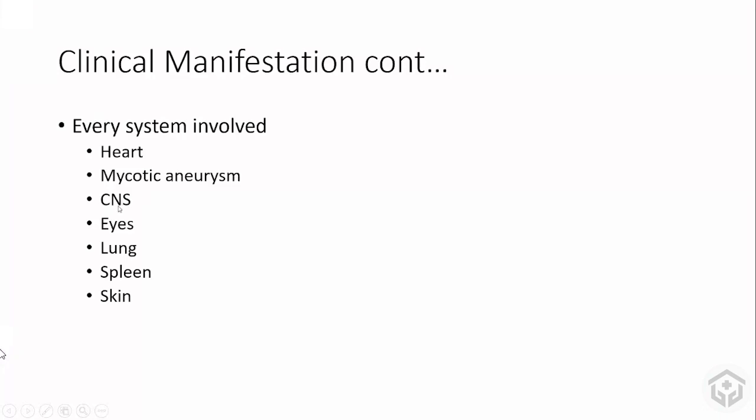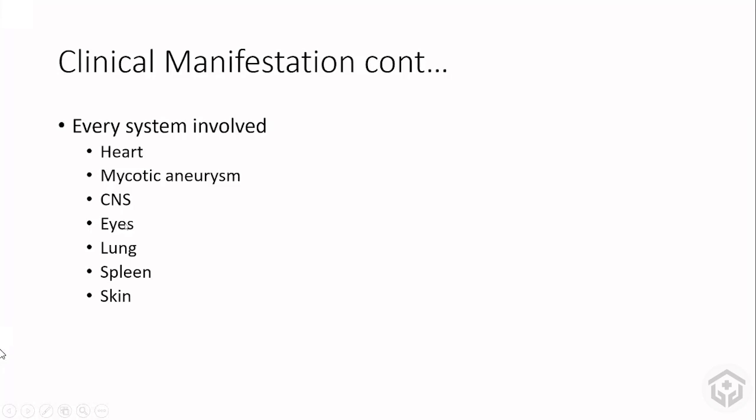For the CNS, usually the left side of the heart is involved in infective endocarditis, and the vegetations will dislodge. We call these septic emboli because the vegetation is carrying the organism. They travel along the circulation, lodge in the brain tissue, and can cause infarction as well as abscess formation.